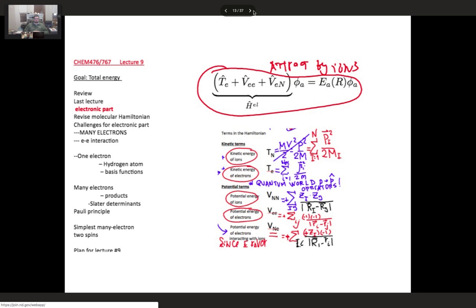And there is a substantial challenge. Right now, you see there is a phi sub a on the left and right parts of the stationary Schrödinger equation, right? And it depends on all electronic coordinates, which is a lot.